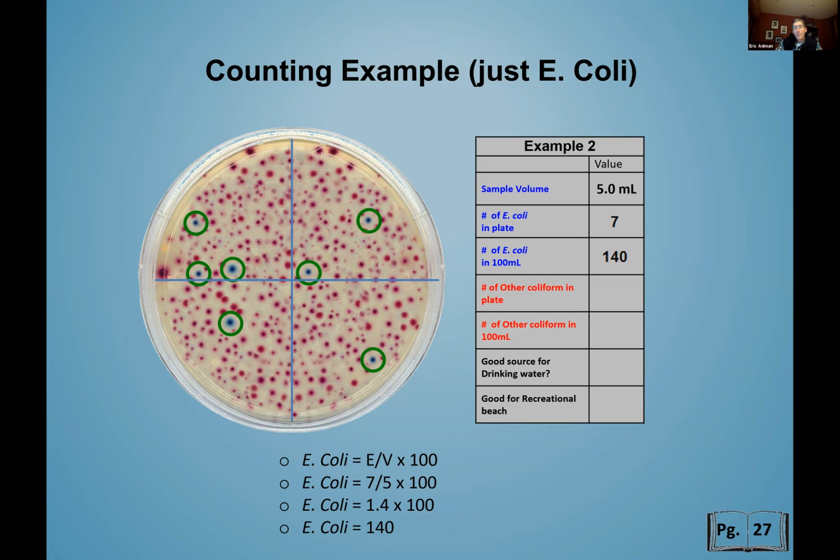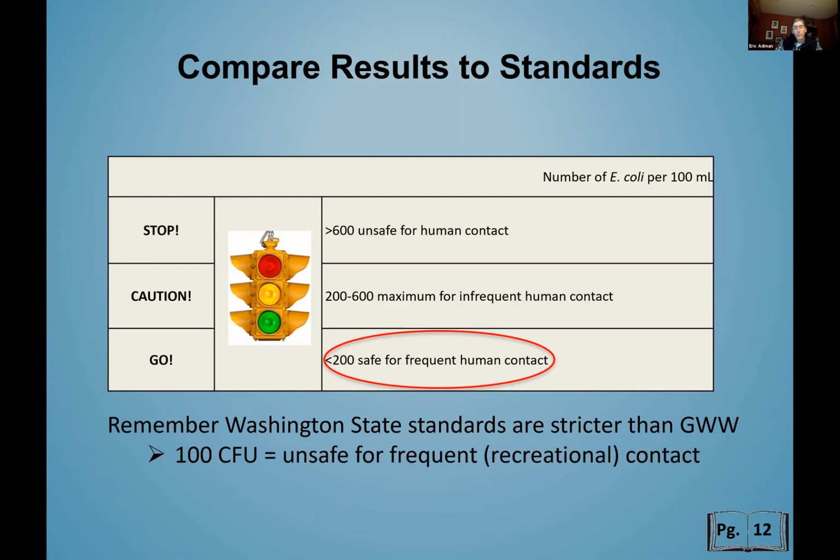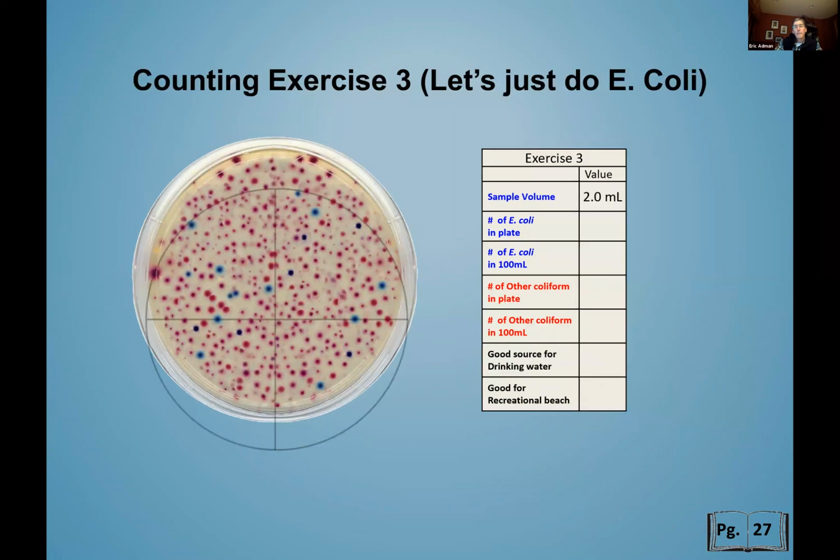So not as bad as it was before, but still not what we would consider safe by Washington State standards. We could do a number of other counting exercises, but I think you guys get the idea.